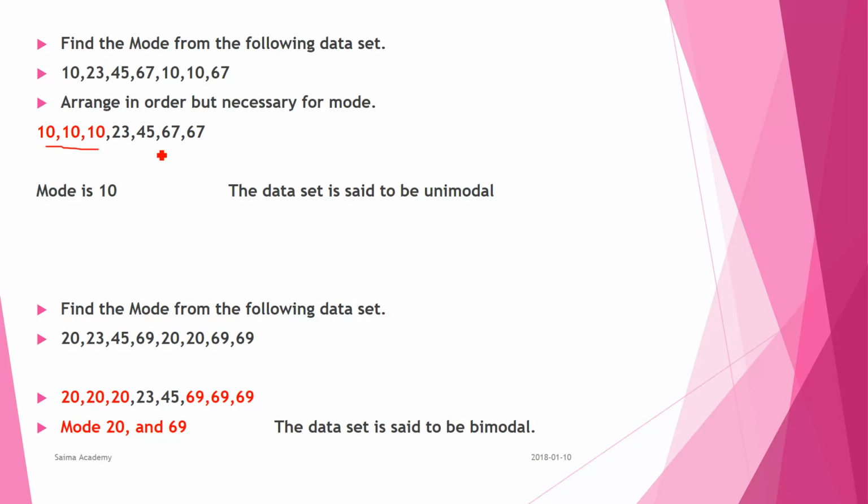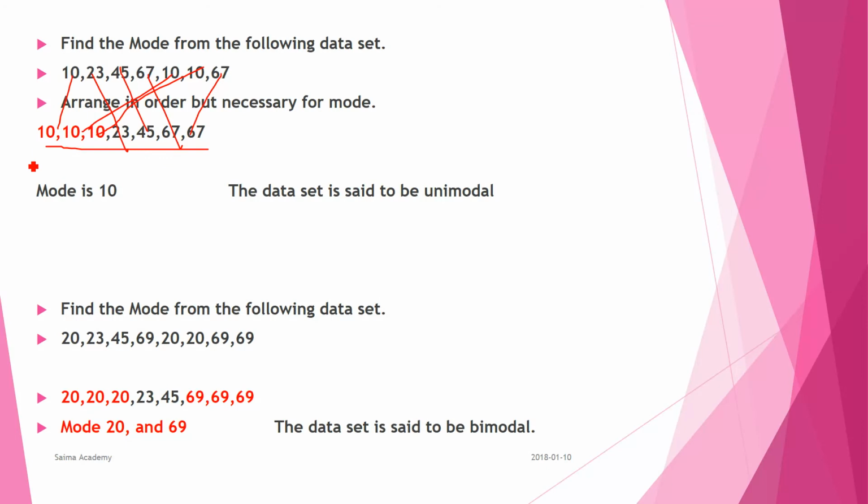So I have arranged this data: 10, 10, 10, 23, 45, 67, 67. When you arrange your data, it is better to count it, 1 to 7. It is easy to count it. Otherwise, sometimes we miss one or two numbers.